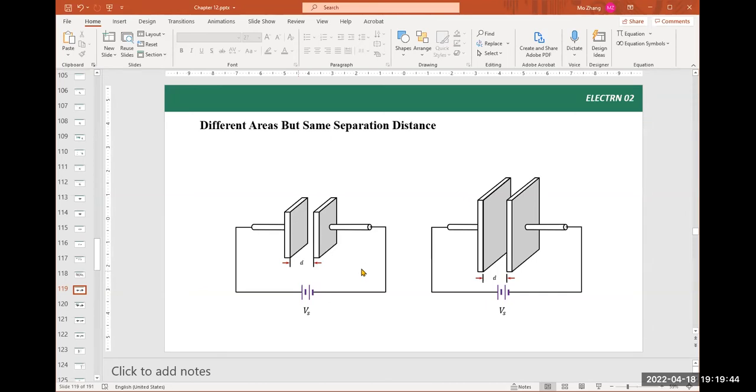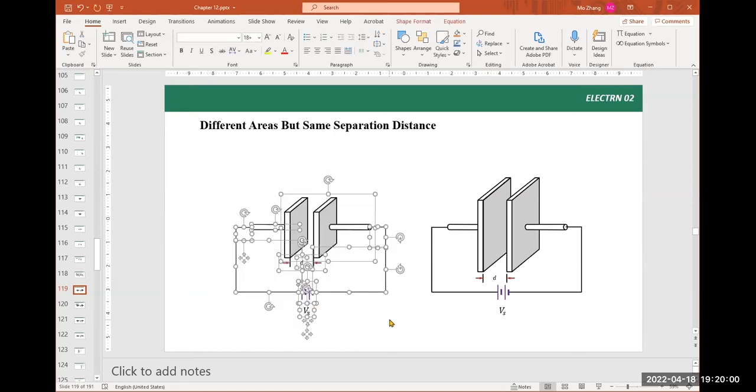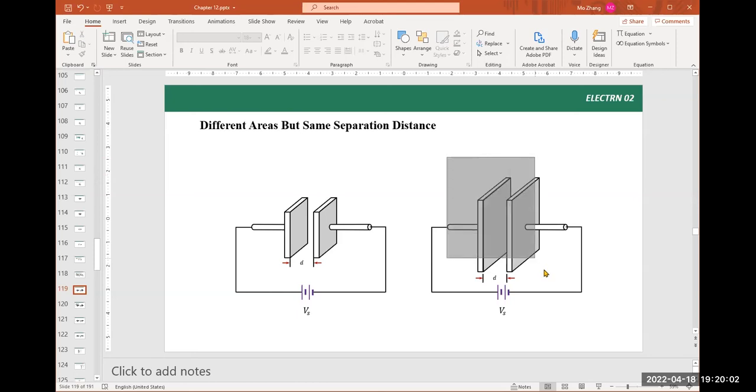So for the one on the left, small area, the original area. And then later we change the area of the plates and make them larger. The question is, which one has bigger capacitance, the capacitor on the left or the capacitor on the right-hand side? In other words, which one can store more electrons?